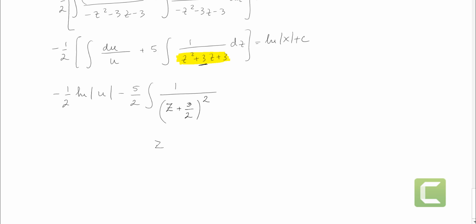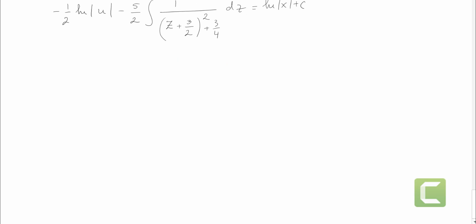And what is this actually? It's z squared plus 3z plus 9 over 4. In my problem I had plus 3, so 3 minus 9 over 4 is actually 3 over 4. So it's plus 3 over 4, and that will create exactly what we had originally, equals ln of absolute value of x plus c. So completing the square is going to help me solve the problem.